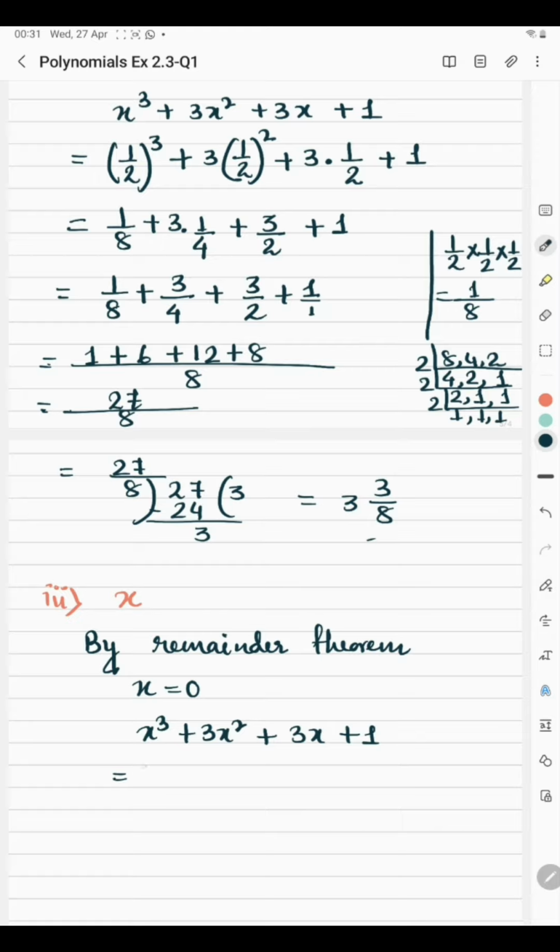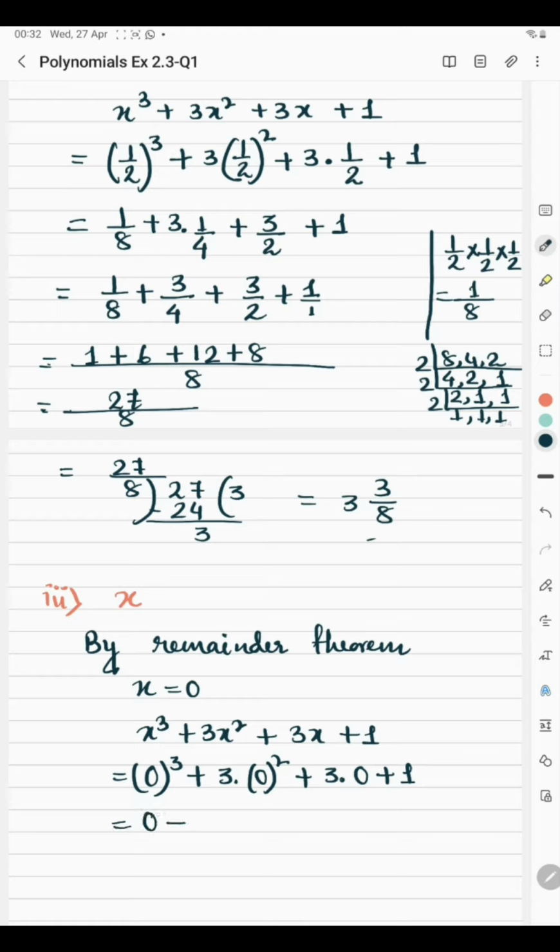So here we will be putting 0 in place of x to get the remainder. So it's 0 cube plus 3 multiplied by 0 square plus 3 multiplied by 0 plus 1. So 0 cube means 0 into 0 into 0.